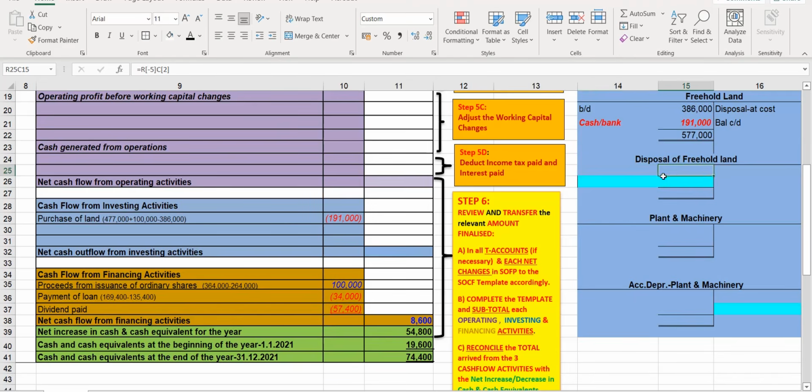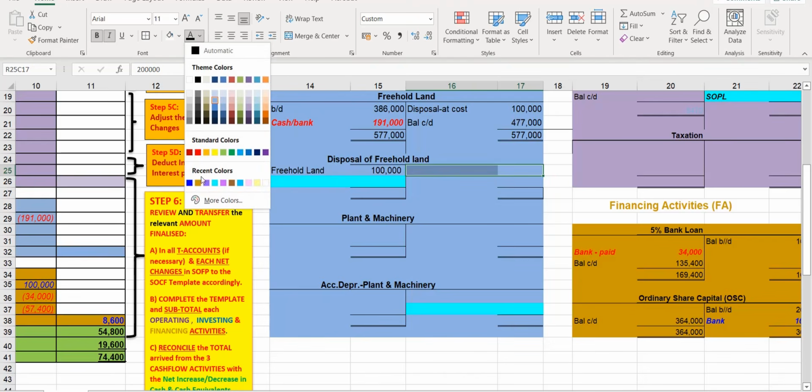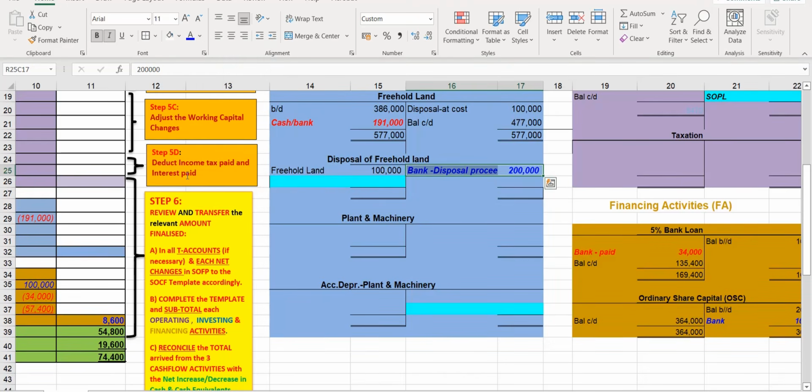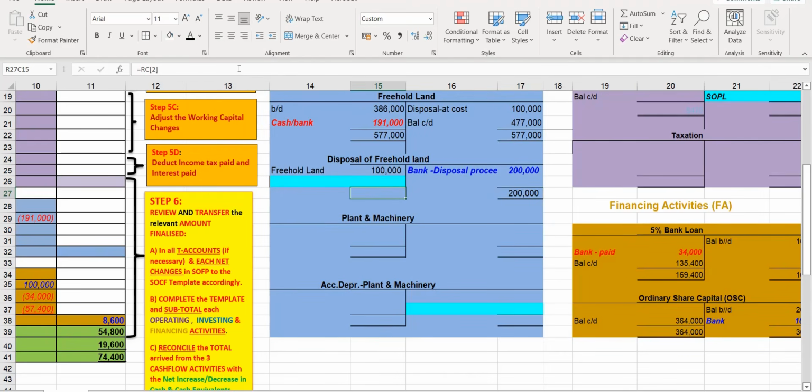Earlier on, you were informed the cost being disposed of was 100,000. And the cash flow that you receive from the disposal of the land, the proceeds, was 200,000. Land is not depreciated, so you total the credit side and compare it with the total on the debit side. You can see there was a difference of 100,000.